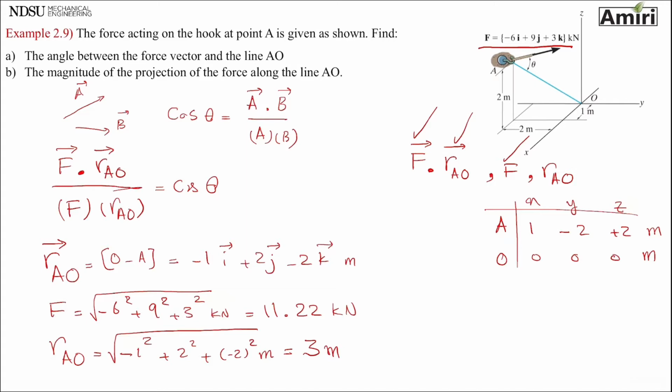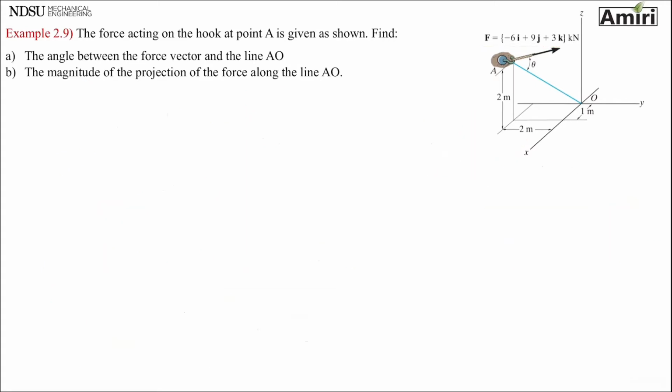Now all we have to do is find the dot product of F and position vector AO.